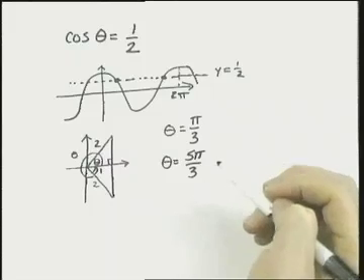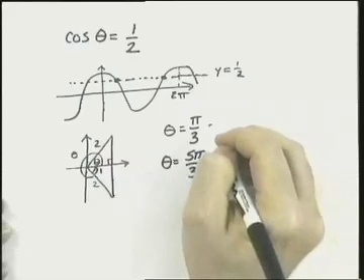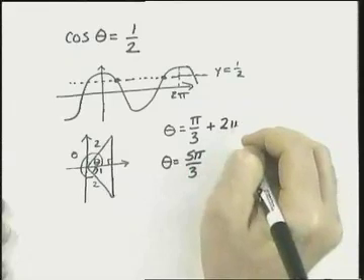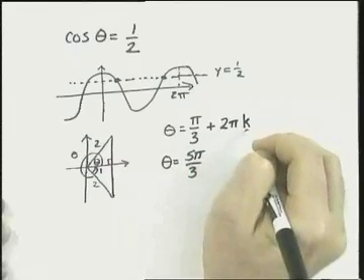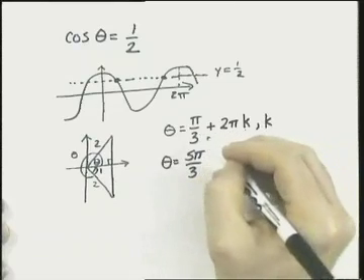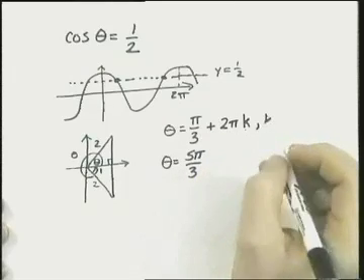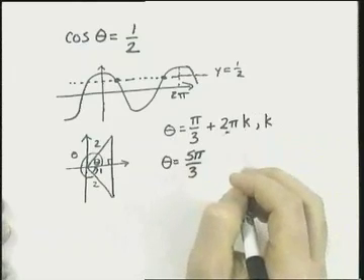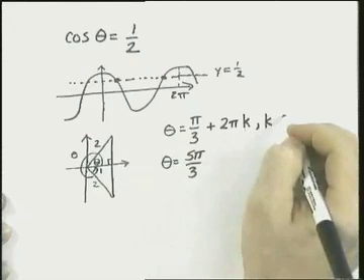So, between 0 and 2 pi, the solutions are pi over 3 and 5 pi over 3. However, because the cosine function is periodic with period 2 pi, I can add any integer multiple of 2 pi to this solution, and it will also be a solution. So we'll write that as theta equals pi over 3 plus 2 pi k, where k is any integer.